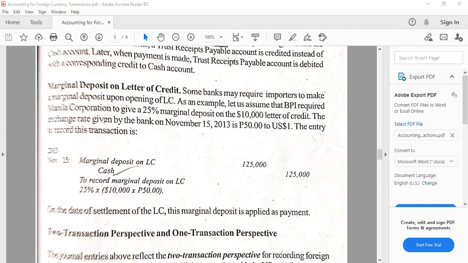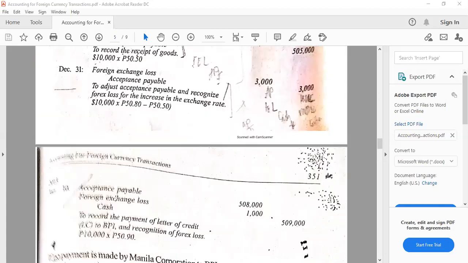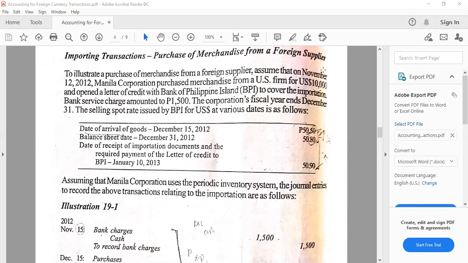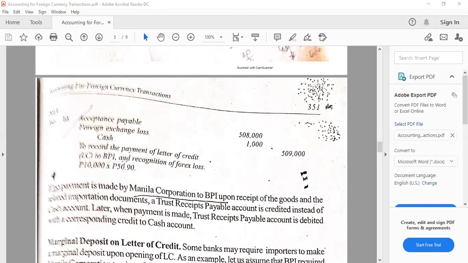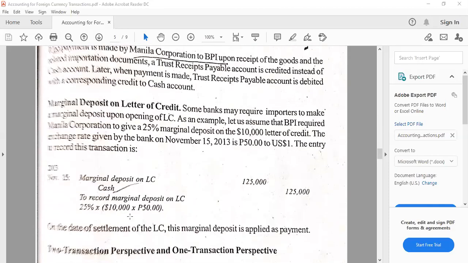The we here is the Manila Corporation, of course, the business. And then $10,000, let's check. Okay, it's really the value or the amount here in the purchase contract. Then to continue, we have $10,000 times 50 pesos times 25%. This is the marginal deposit on LC. This is like a prepayment if you are going to think about it because we paid in advance for the transaction.